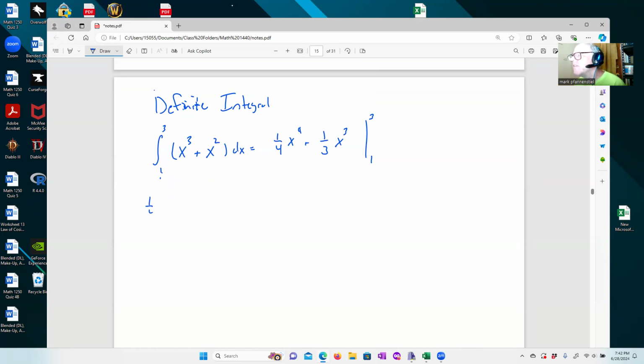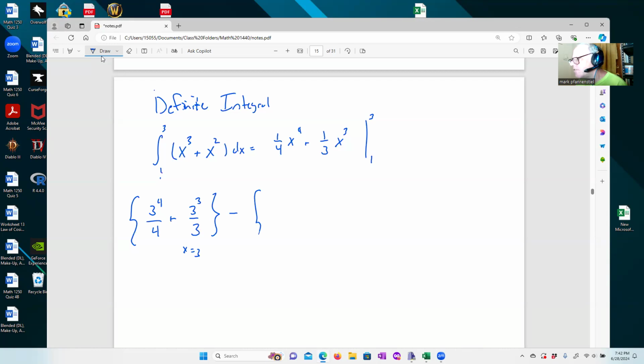Actually, let me go ahead and do it this way. We've got 3 to the 4th over 4 plus 3 cubed over 3. This is x evaluated at 3.